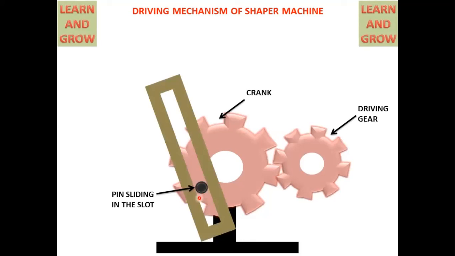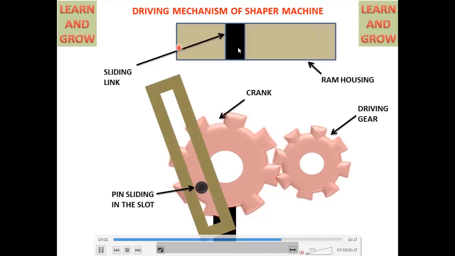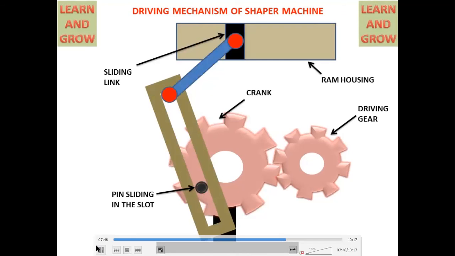You can see the pin sliding in the slot will hold the slotting member, and this slotting member will attach to the crank, and the connecting rod moves the ram, and another connecting sliding crank will be attached to the ram housing. It's like this one. This mechanism is generally known as the slider crank mechanism, and it is generally used in the shaper.